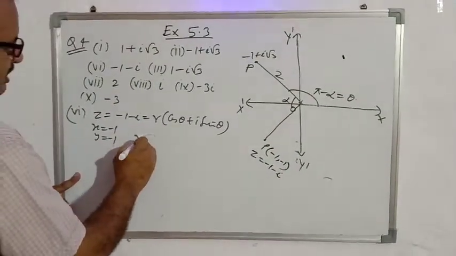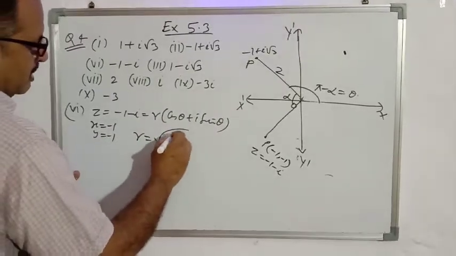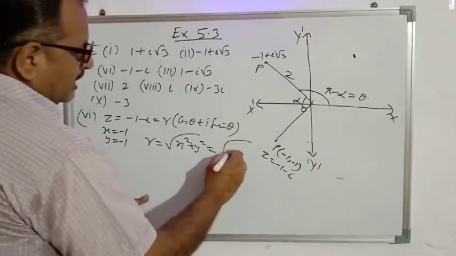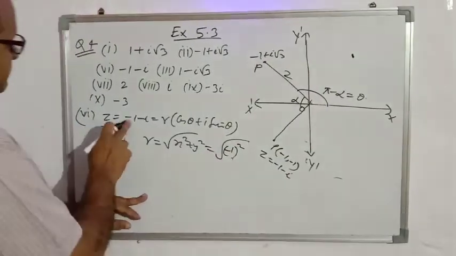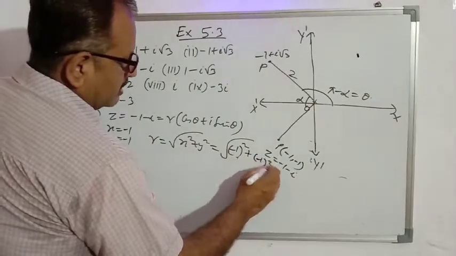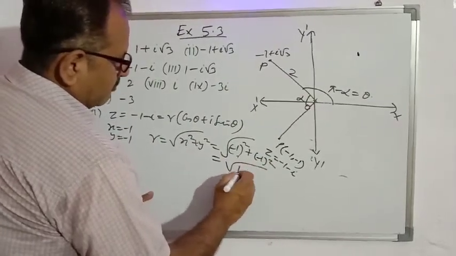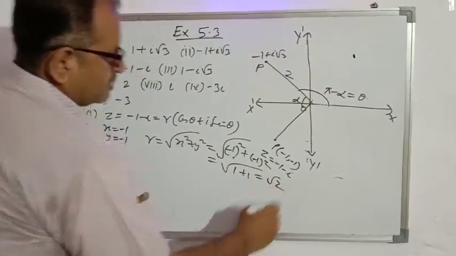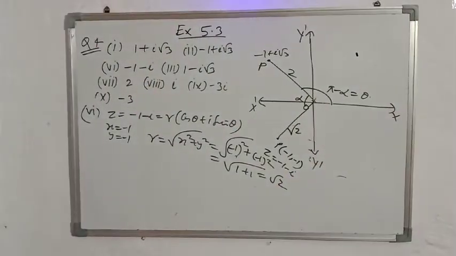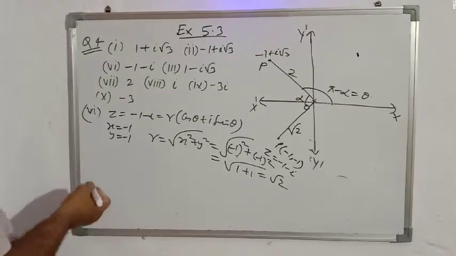So firstly find r. R is equal to under root x square plus y square. X is minus 1 square and y is also minus 1 square. So it will be 1 plus 1, which means root 2. So this r is root 2. Now we have to find theta.